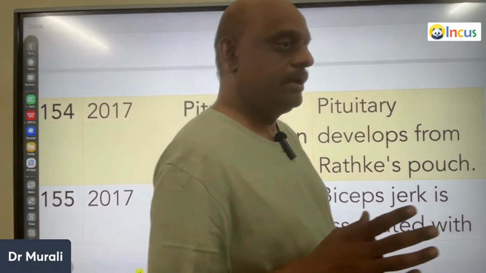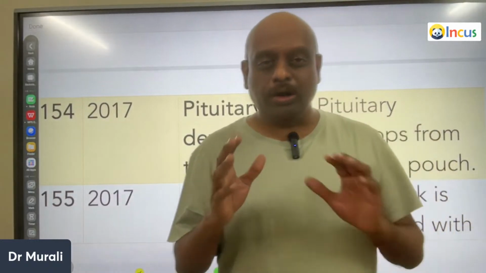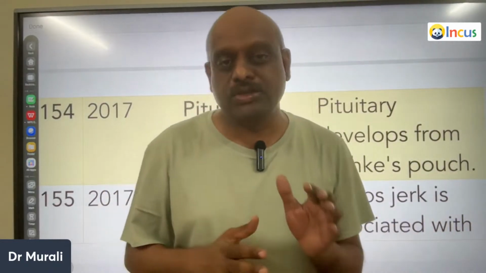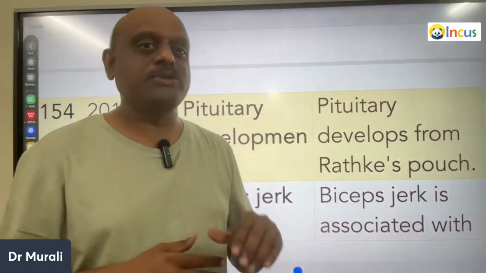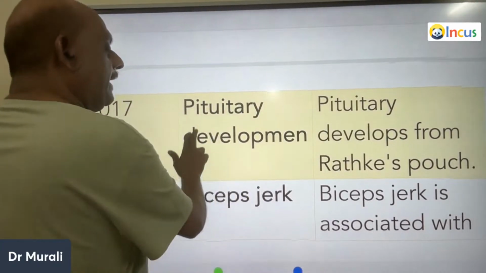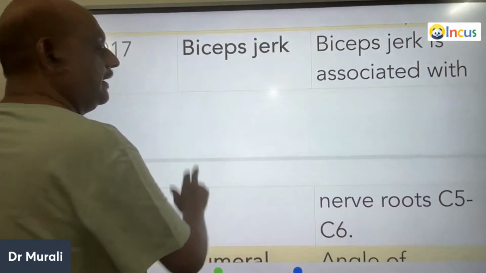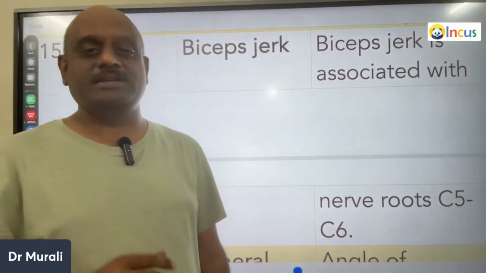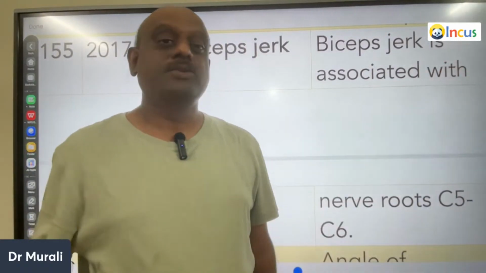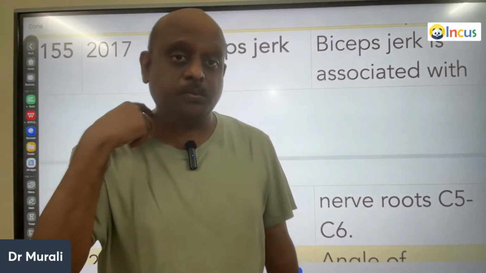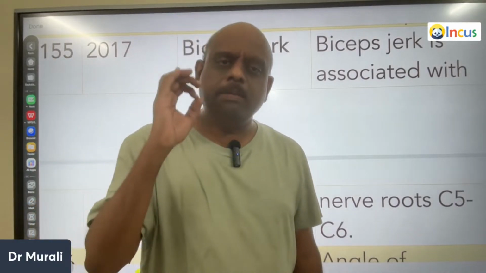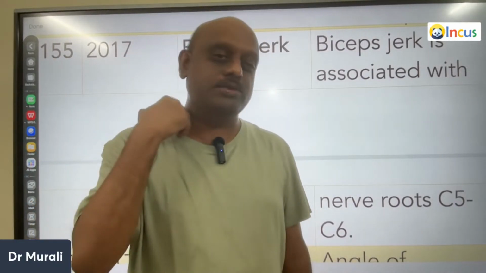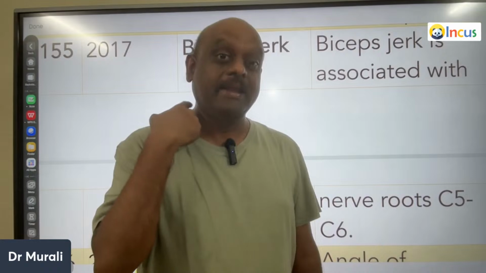Once more, craniopharyngioma, how to recognize it on imaging, everything you should know. Now, biceps jerk. Typically, what is the root value? C5, C6 is the biceps jerk. Whenever you take cervical spondylosis, the most common location is C5, C6.